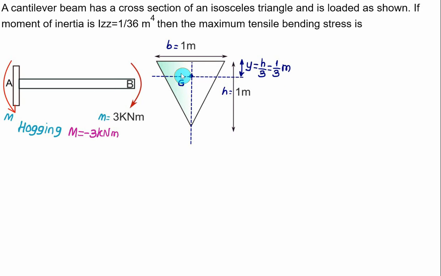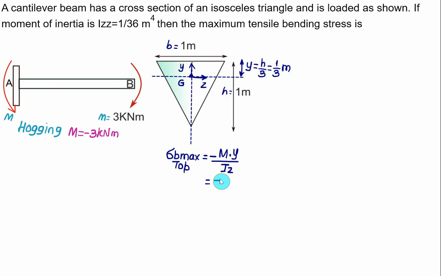The moment of inertia is about the z-axis, which is horizontal this time, and the vertical axis will be the y-axis. So for the top fiber, we have a positive y value. The maximum bending stress at the top fiber will be equal to minus M multiplied by y, divided by the moment of inertia about the z-axis.